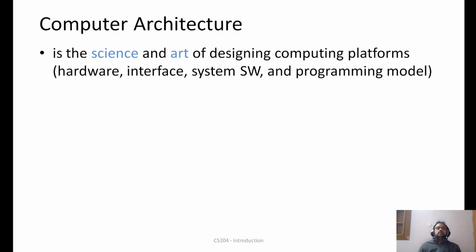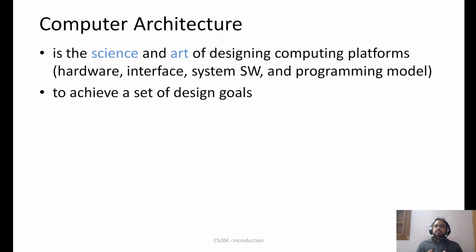What computer architecture basically is, it's the science and art of designing computing platforms. Anything that performs some form of computation or another. It can be designing a better hardware, it can be designing a better interface, or designing a better system software, or in the end, even the programming model.